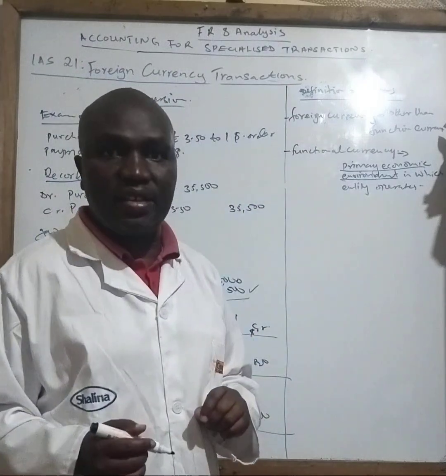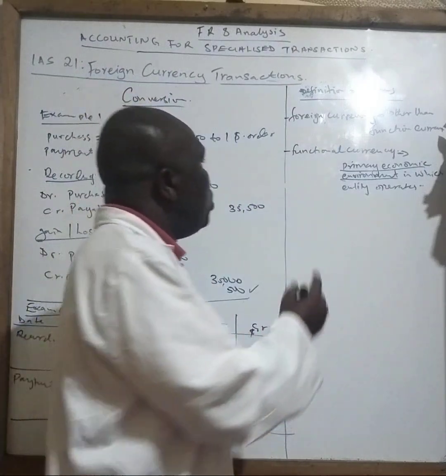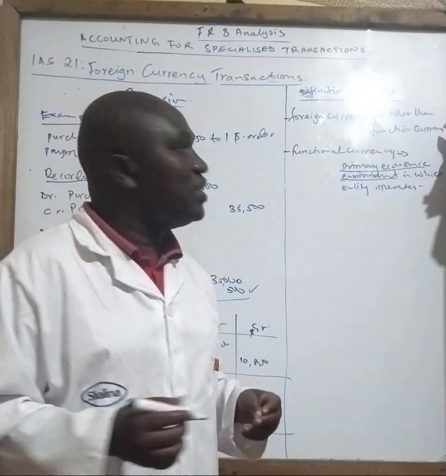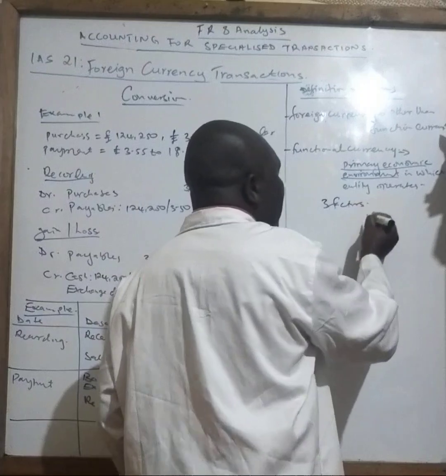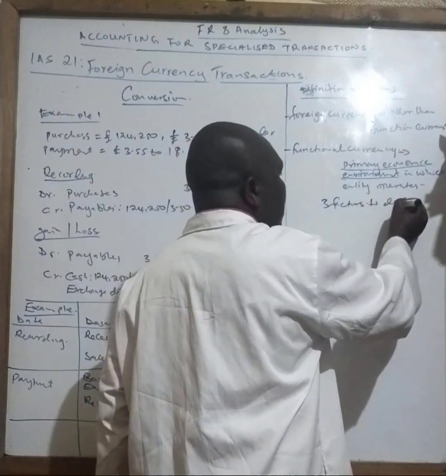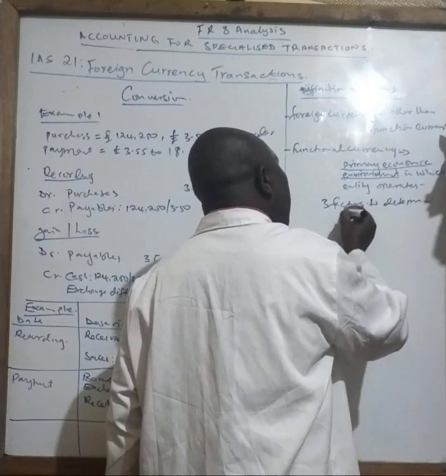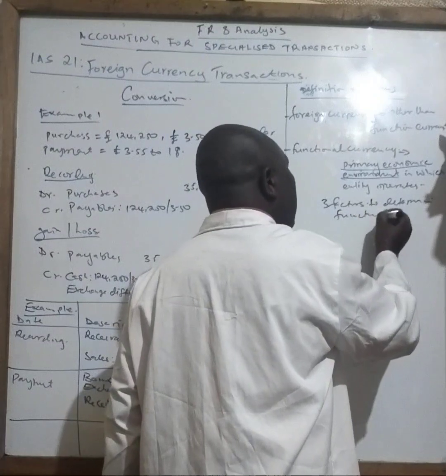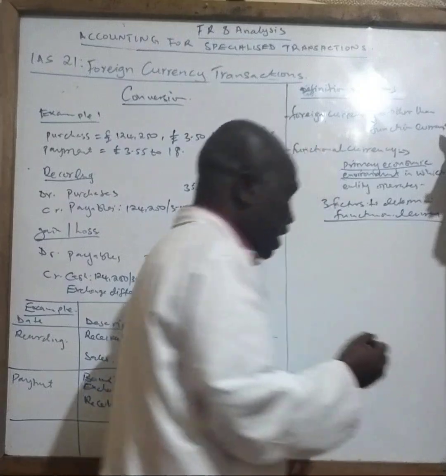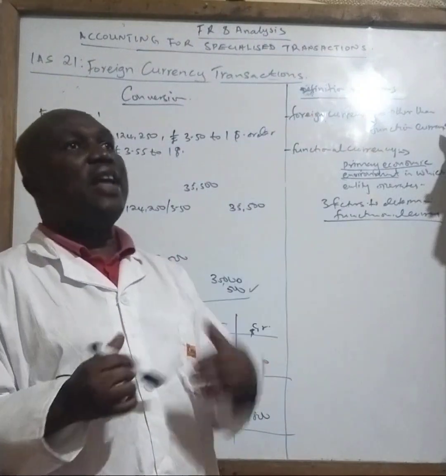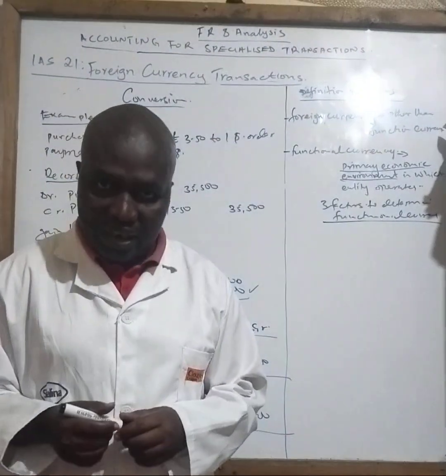So in this case, you have to be very careful on how to determine the functional currency. How do we determine the functional currency? There are three factors to determine the functional currency. How do you know that this is the currency that is actually prevailing in that particular entity?